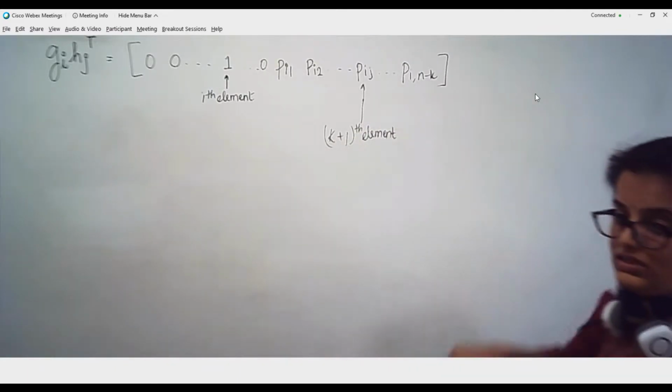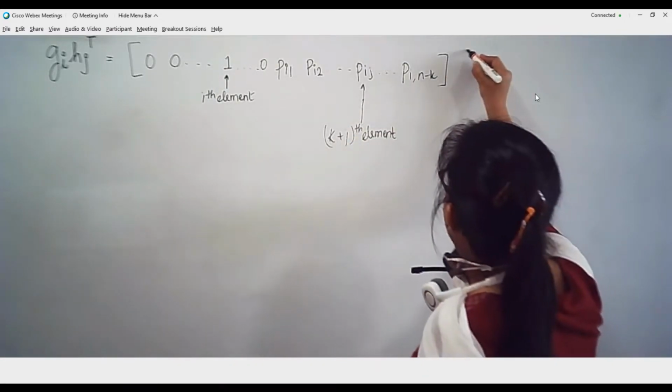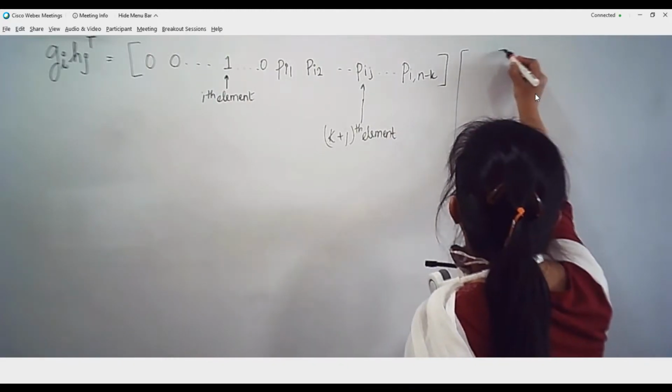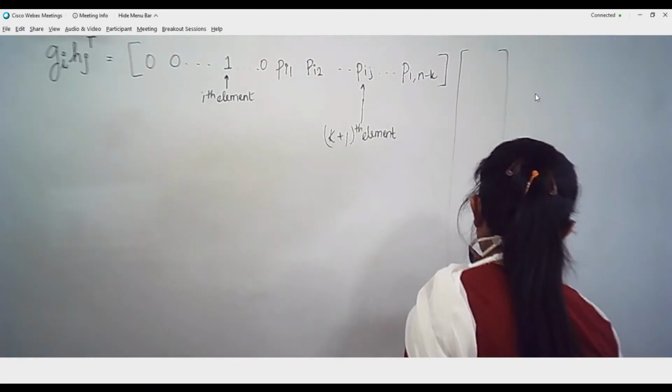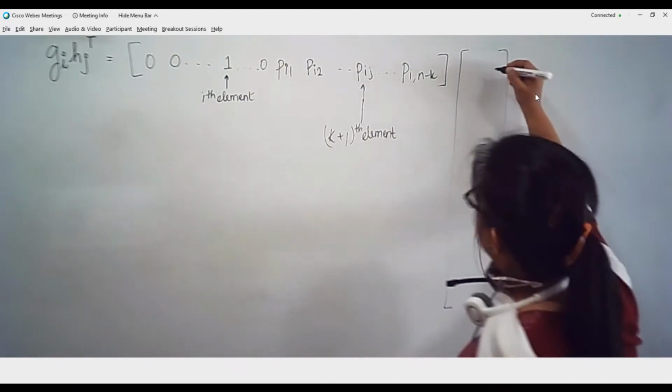Now I have to write the transpose of one of the rows of the matrix H. What is the first element over here?